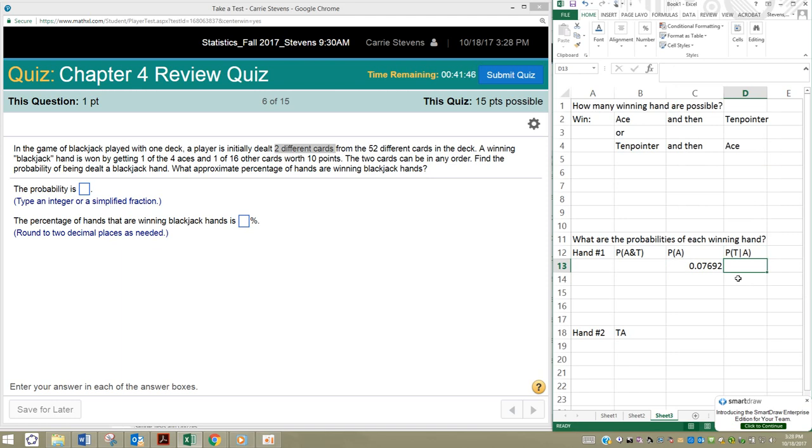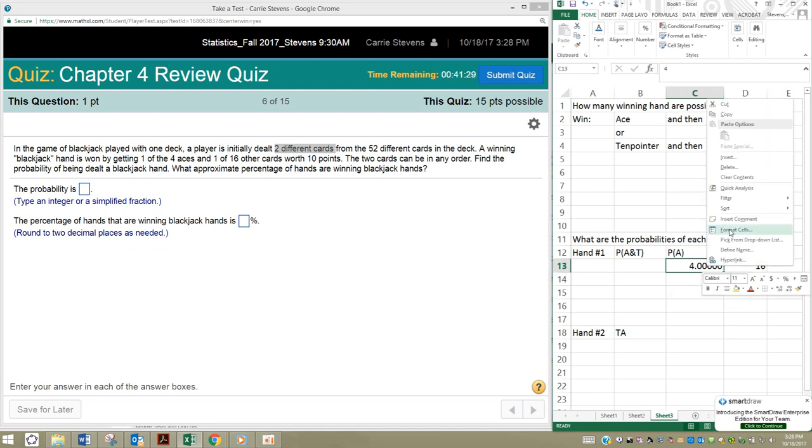And then for the 10-pointer, it's 16, but I already took out an ace, so now it's 51.